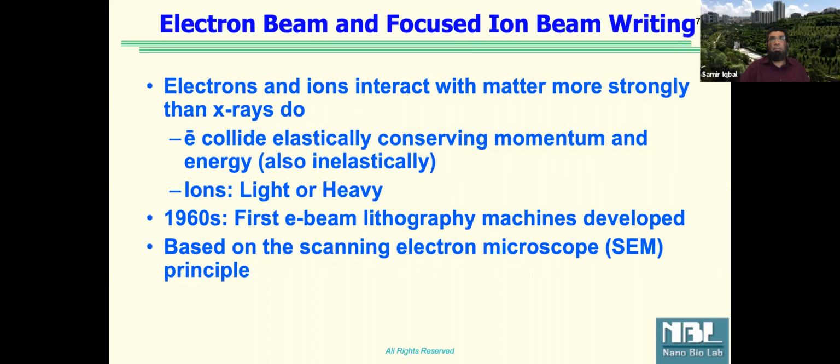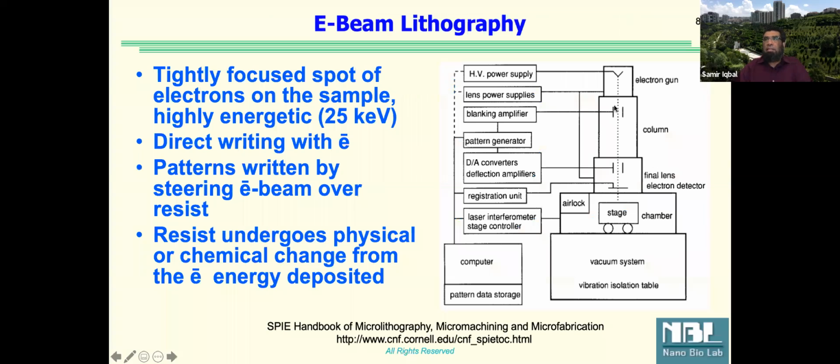Let me show you. So here the right-hand side shows the column. This is where the electron gun is. We get electrons coming out of it. We need to speed them up so we can use coils again.